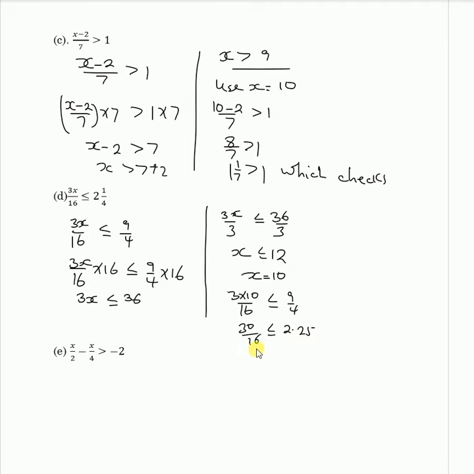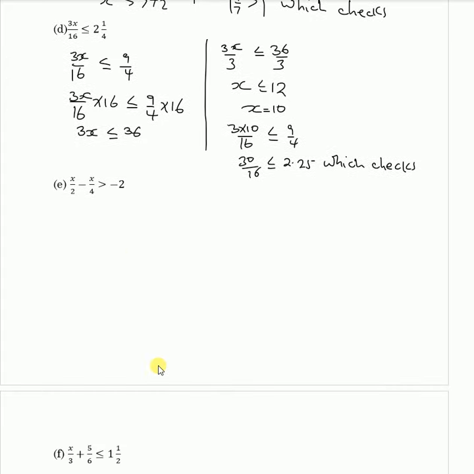Indeed, even if this one was 15 here it would be 2, but it is 16. So this one here, 30 over 16, is less than that. So this one checks, it is okay.